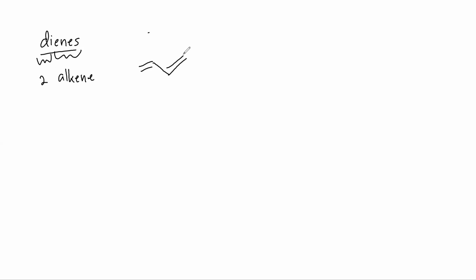All right, and there are a couple types of dienes. There is the cumulative diene, which essentially means that we have two double bonds on two separate molecules. So they're a cumulative diene because together we have two alkenes, two double bonds. So we sort of consider this a diene. But what we're more interested in are the dienes that are on the same exact compound.